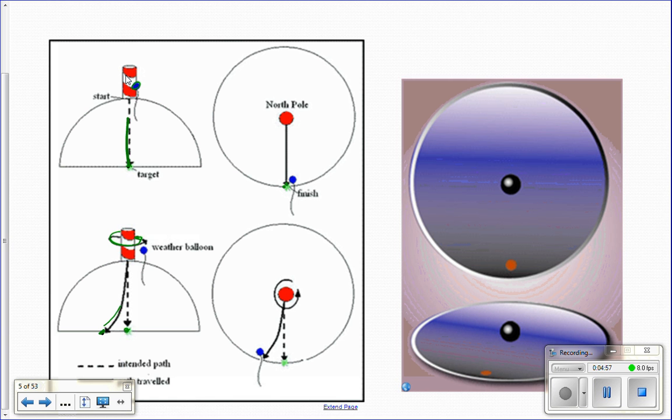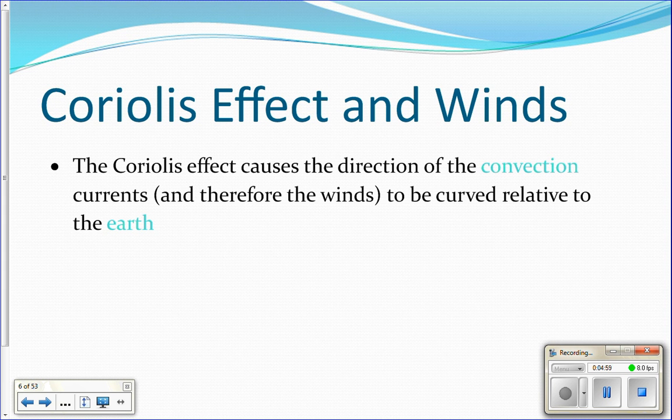Because of this, the Coriolis effect causes the direction of the convection currents, and therefore the winds, to be curved relative to the Earth. So rather than being perpendicular to the equator, they're curved. The winds are curved relative to the equator because of this Coriolis effect. It actually bends the direction of the winds.